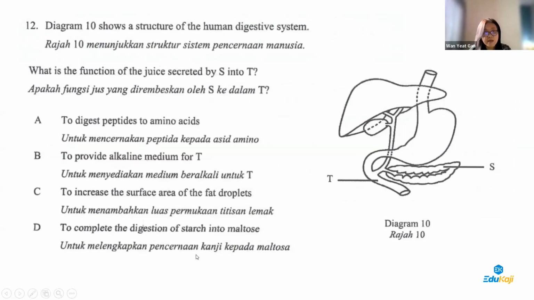Number 12, diagram 10 shows a structure of the human digestive system. What is the function of the juice secreted by S into T? So S secretes three types of enzyme: lipase, pancreatic amylase, and trypsin.